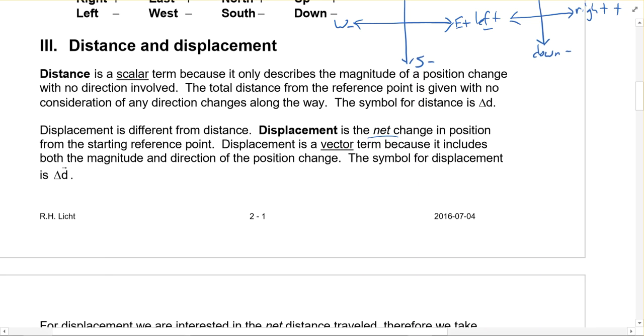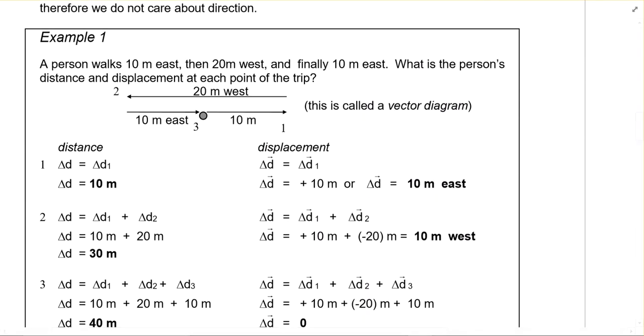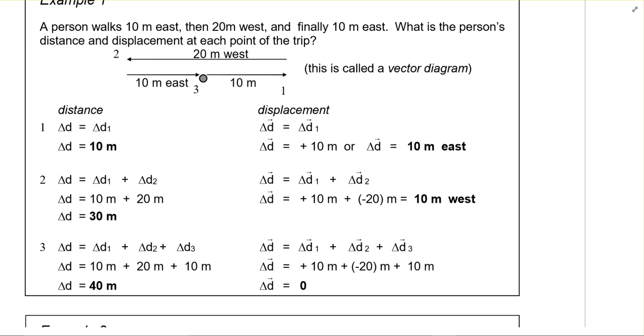All right, so moving on down here. A couple of examples. This one says a person walks 10 meters east, then 20 meters west, and finally 10 meters east. What is the person's distance and displacement at each point on the trip? Just like I was showing before, this is where we started. Went 10 meters east, so positive. If we're talking about distance, we don't really care about positives or negatives.